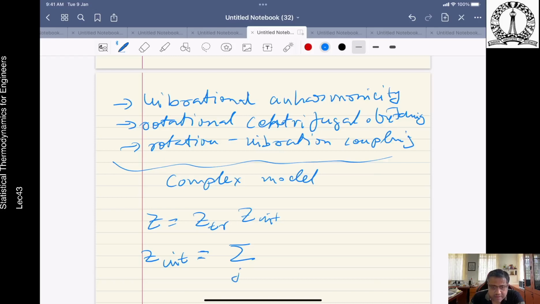The internal part is the sum over j of g_EL,j exponential of minus EL,j by KT, times Z_RV,j. So this is the electronic part, and that is the Ro-vibrational part.